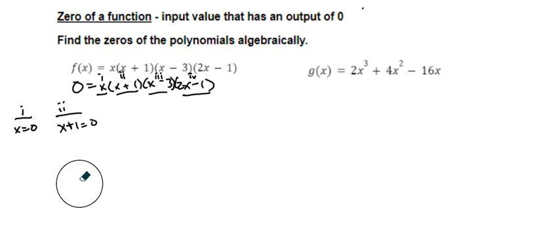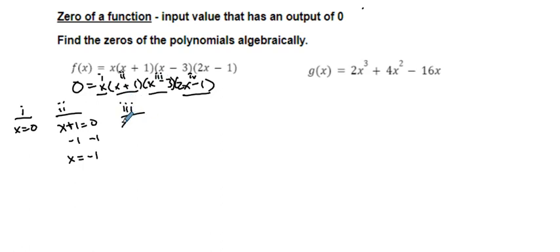So when we're solving these things, we have to get x by itself. Let's subtract 1 from both sides, and you get x is equal to -1. So we've got one solution, 2 solutions.